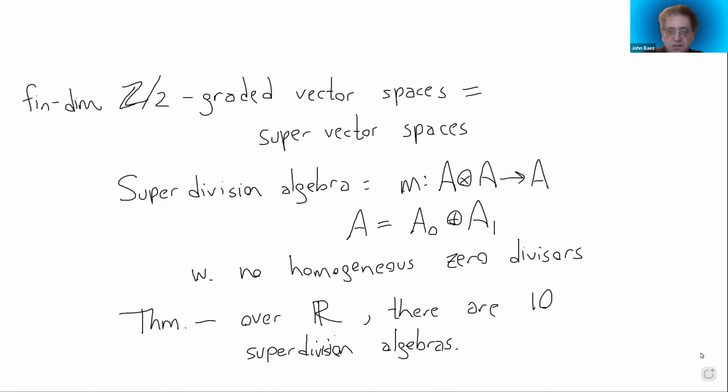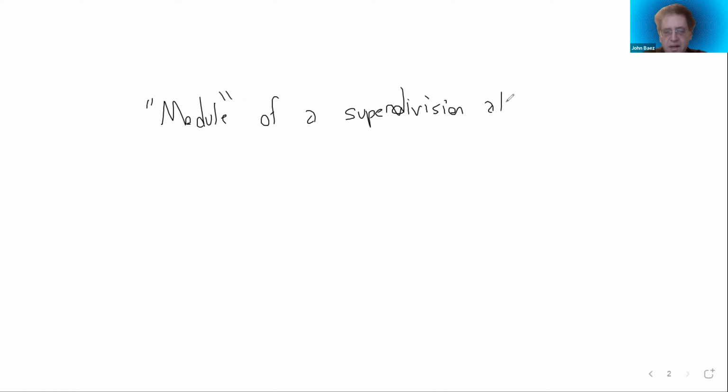So those are Z mod 2, sorry, I'm saying super. When I say module of a superdivision algebra, I mean the sort of obvious thing.